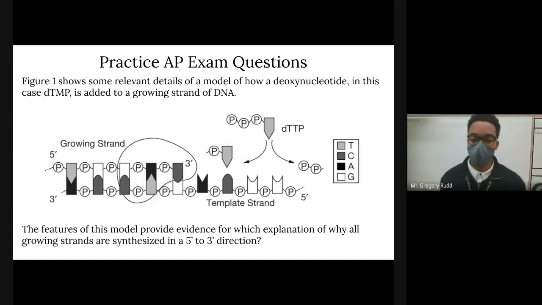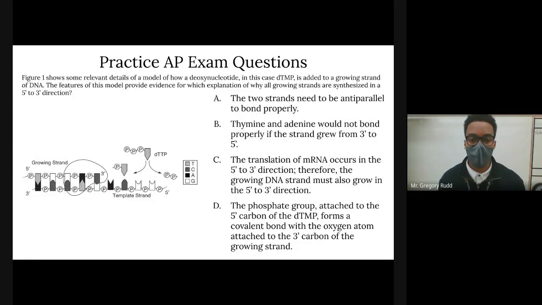But let's take a look at the answer choices then. So A, the 2 strands need to be anti-parallel to bond properly. Let me just read the question again. The features of this model provide evidence for which explanation of why all growing strands are synthesized in a 5 prime to 3 prime direction. Basically, why are strands made in the 5 prime to 3 prime direction?